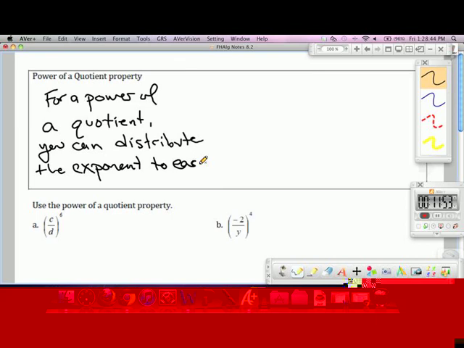Some things you can simplify in here. Hopefully this is jumping out as something to be simplified. A to the fourth to the third, power of a power is multiply those exponents.